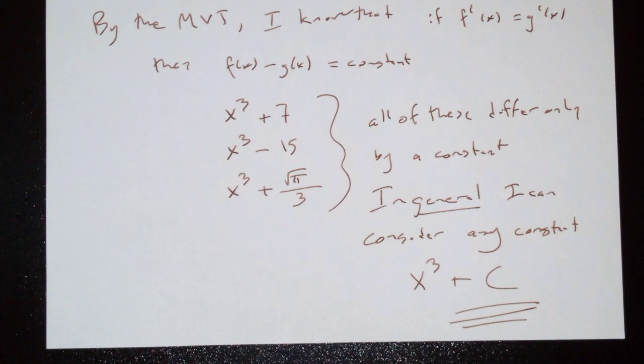As long as I make the statement that that capital C represents some constant, I don't know what constant, but some constant, then that expression, x cubed plus c, encompasses all possible antiderivatives for 3x squared. I'm going to call that the general antiderivative.